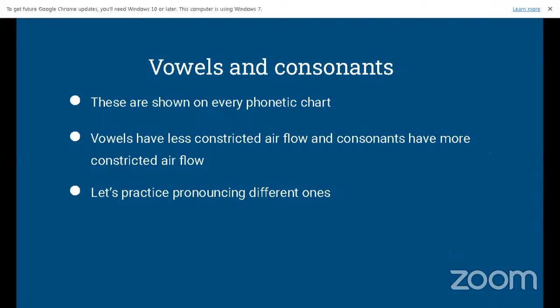Yes, exactly. For vowels, there is no constriction, no restriction at all for the flow of air, and still we can pronounce a vowel sound. Whereas for consonants, there is a kind of restriction.